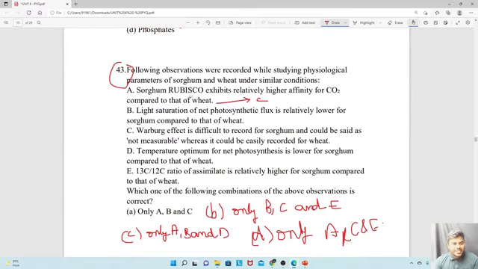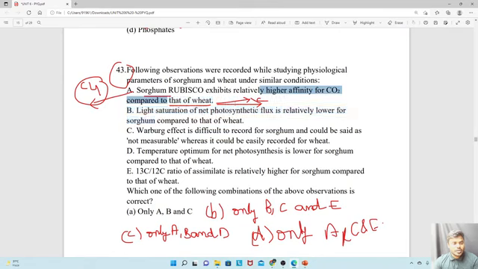See, actually, friends, sorghum is what plant? Sorghum is a C4 plant, correct? And wheat, what is it?